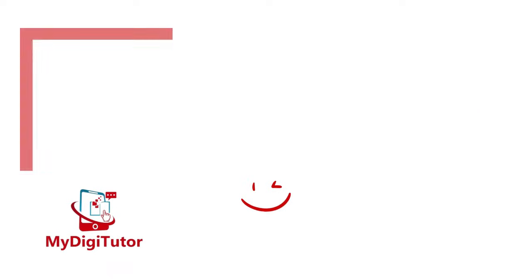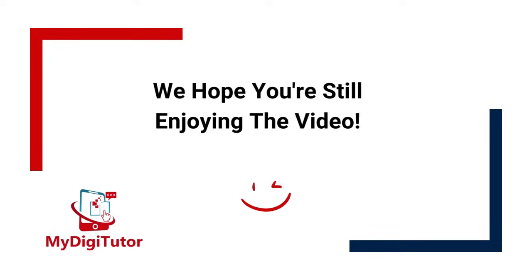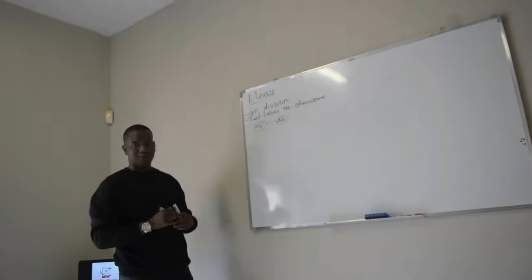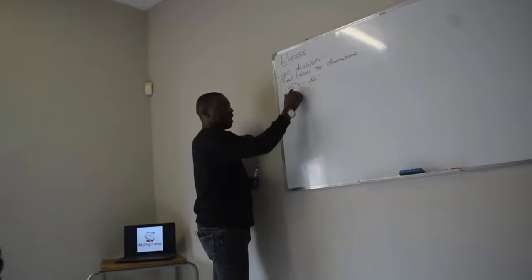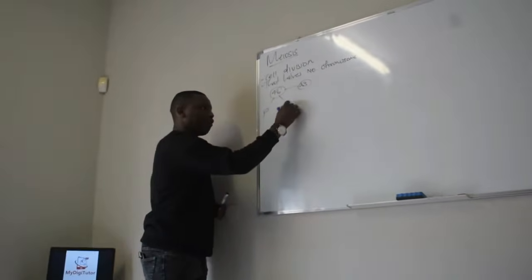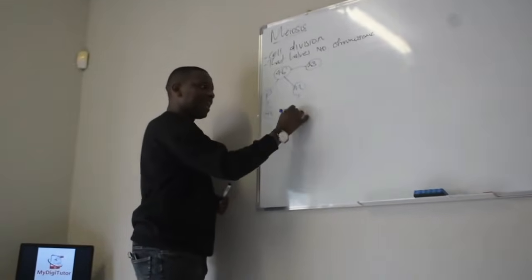Now, what is the importance of halving the number of chromosomes? We are trying to prevent the doubling effect of chromosomes. As I said, a human being consists of 46 chromosomes. That means when you, as the paternal, fertilize with your maternal, your partner, you cannot fertilize 46 and 46.